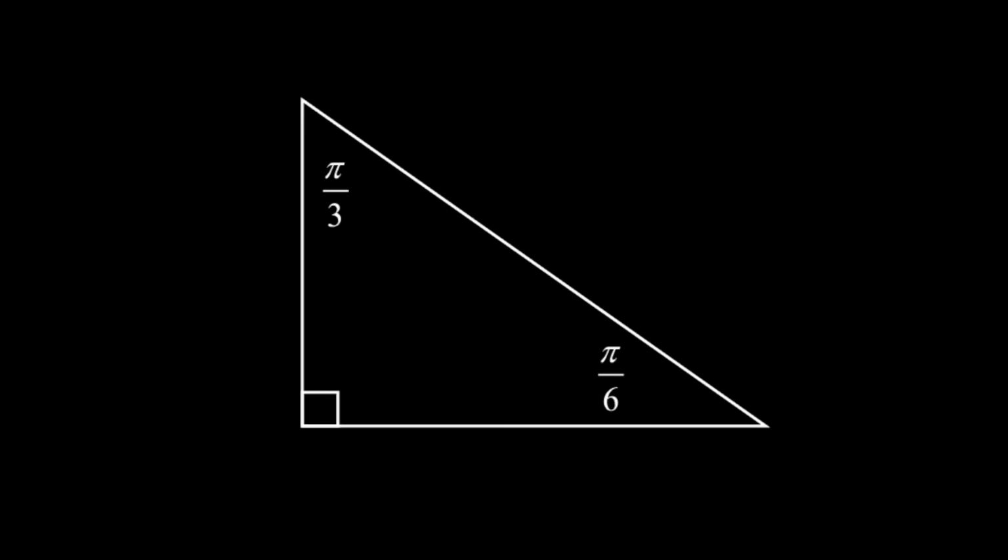This is our 30-60-90 triangle. 30 degrees is represented by pi over 6 radians, and 60 degrees is represented by pi over 3 radians. There's a very good chance that you learned this triangle's sides with x's or some other variable. Why? Well, up to this point, your main goal has usually been to figure out the lengths of the sides.